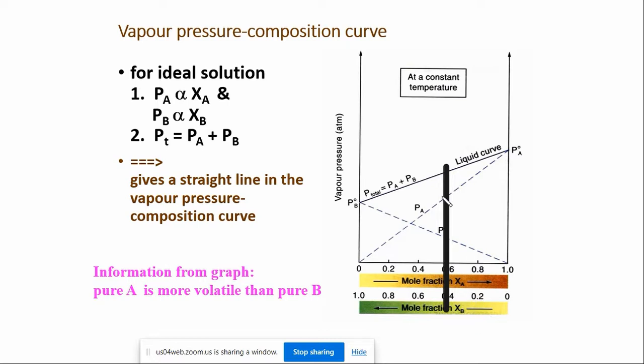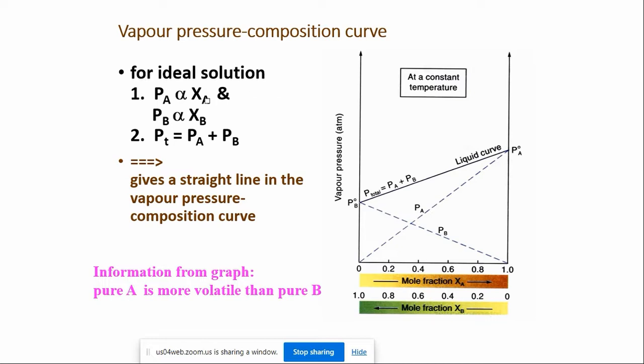If you want to find the total pressure at these fractions, that means if you mix 0.6 XA and 0.4 XB, then what is the vapor pressure? If you have a diagram like this, you just need to draw a line vertically and find the value. That is the advantage of having a phase diagram, right?